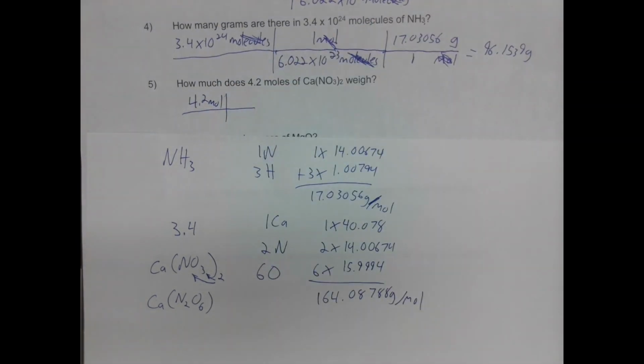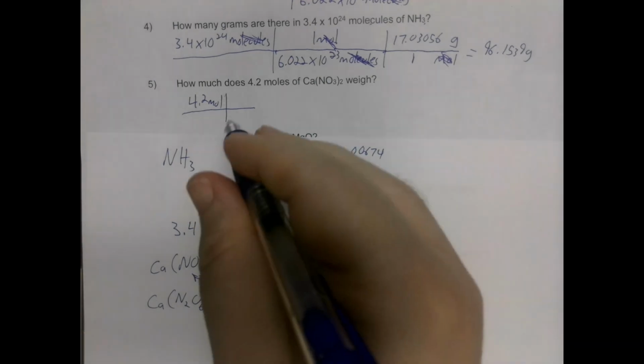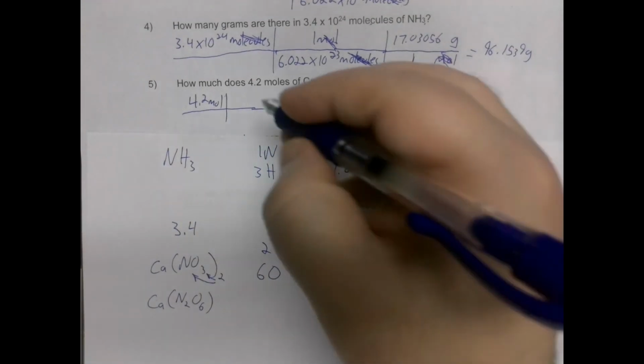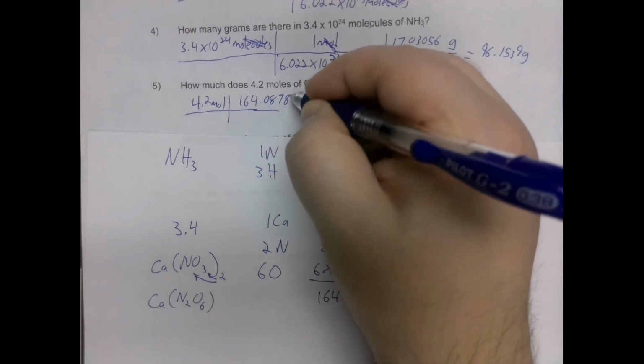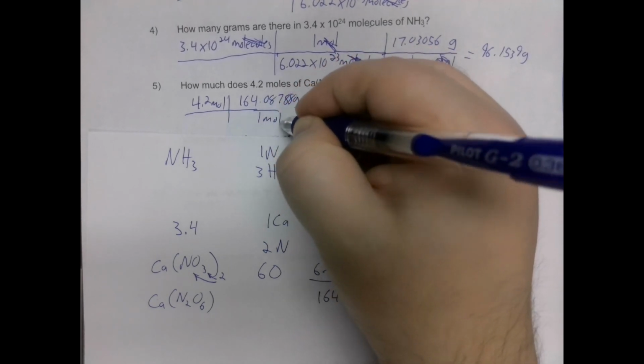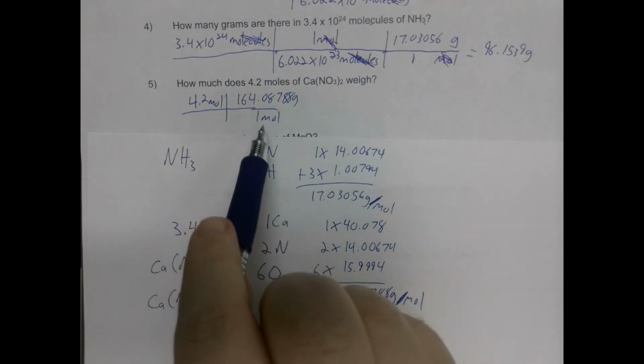So we're given 4.2 mole. We plug it in so the mole is on bottom, which it is. It's on the denominator. We plug it into the denominator side. So the 164.08788 grams per 1 mole. That's plugging this into it.